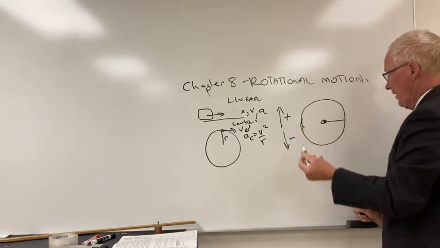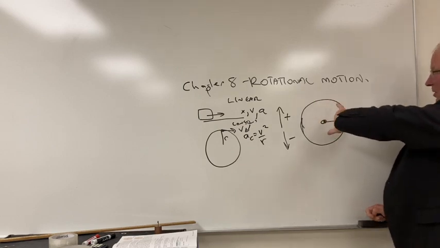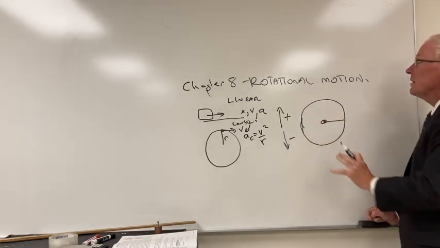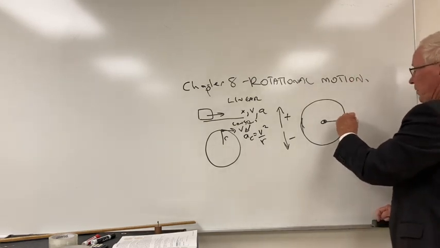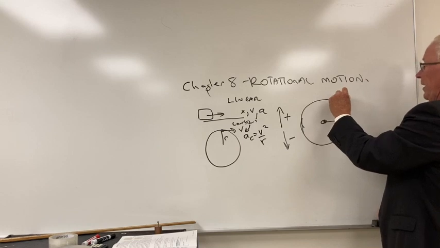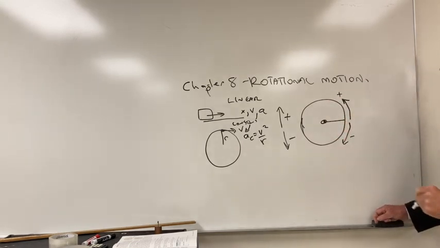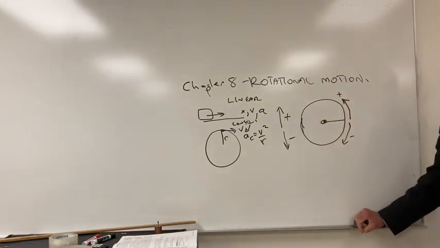We rotate about a center, and we can rotate either counterclockwise or clockwise. For definitions here, we define rotation this way as positive and this direction as negative, because it makes a difference how you're rotating.